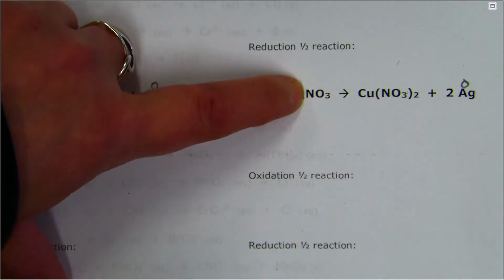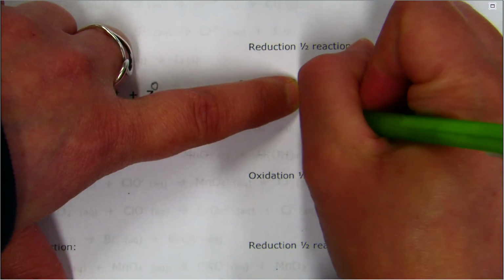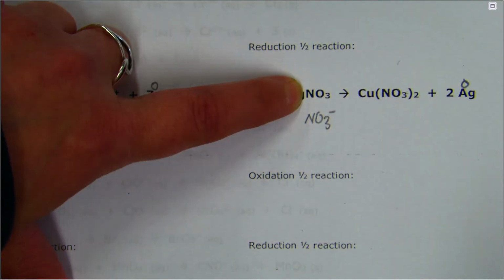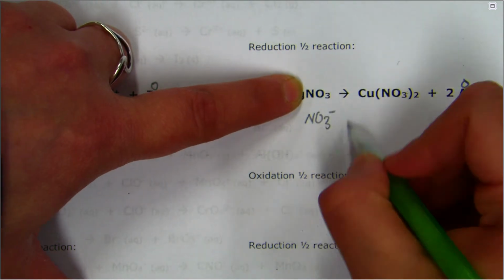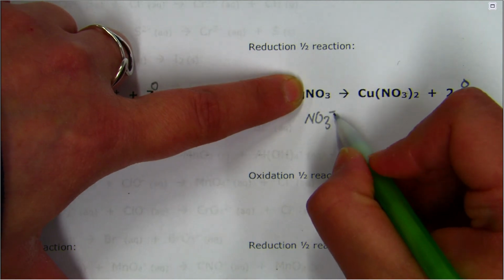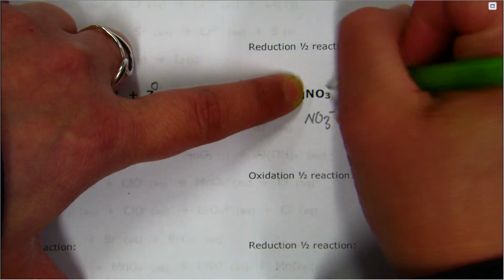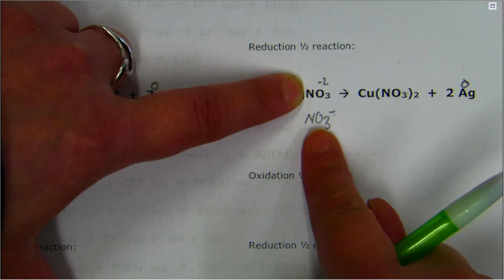First, you have to do nitrate by itself. This is NO3 minus. All right? So the overall charge needs to add up to a -1. So if oxygen is a -2, oxygen is usually a -2, except in its peroxide form. This is not a peroxide.